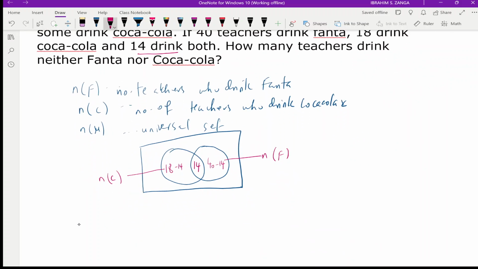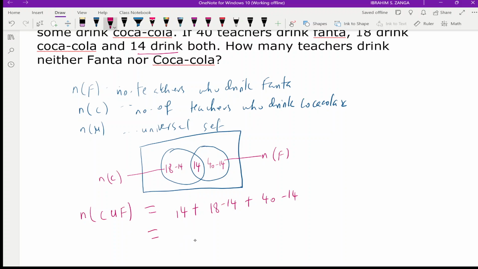So to find the number of those who drink Coca-Cola or Fanta, Coca-Cola union Fanta, we are going to take 14 plus 18 minus 14 plus 40 minus 14.